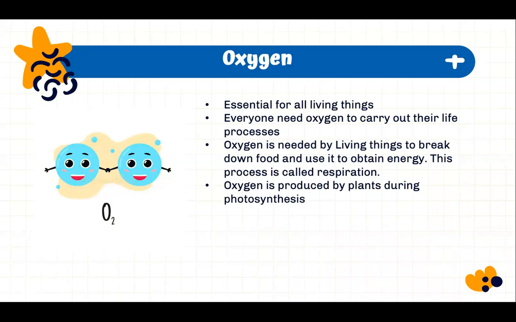We humans use oxygen, and plants also use oxygen at night. In the day, they produce oxygen through photosynthesis. Therefore, plants are very important to the Earth because they replenish the oxygen during the day.